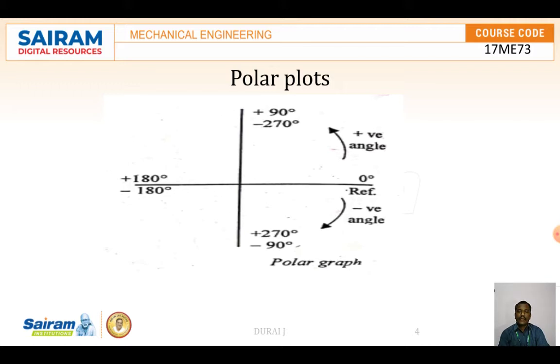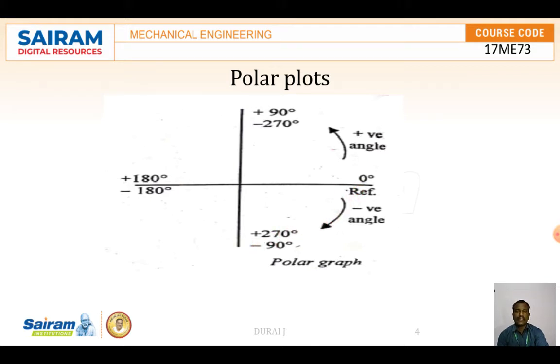So then comes the polar plots. Normally if we choose any negative angle, we are going to take 0, minus 90, minus 180, minus 270, and again 0. So it is the clockwise direction it has to come. Suppose if you want to take positive angles, it is going to be taken in the anti-clockwise direction: 90, 180, 270 and 360 like this.